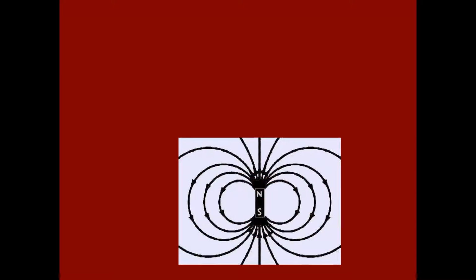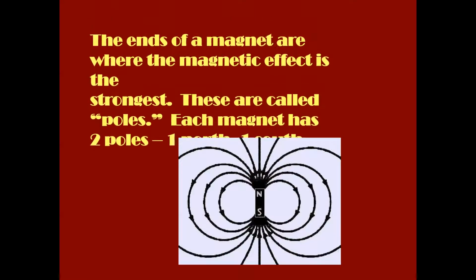This is a simple magnet and the lines represent the magnetic field lines that emerge from the North Pole to the South Pole. So the ends of a magnet are where the magnetic effect is the strongest.